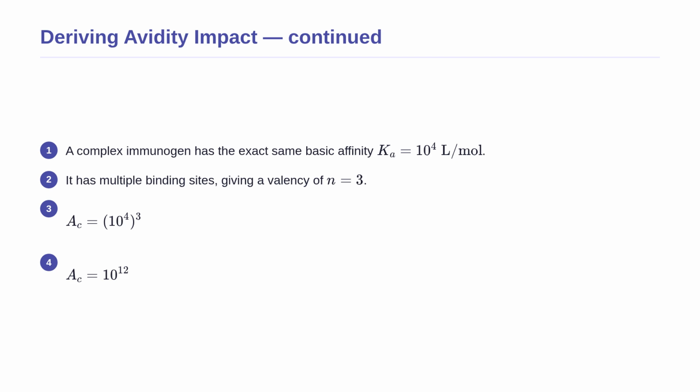However, because it is larger, it has 3 binding sites, giving it a valency of 3. When we substitute these values into our avidity formula, the mathematics dictate that the binding strength is raised to the 3rd power. This step is crucial because it shows that multiple bonds do not just add together, they multiply each other's stability.